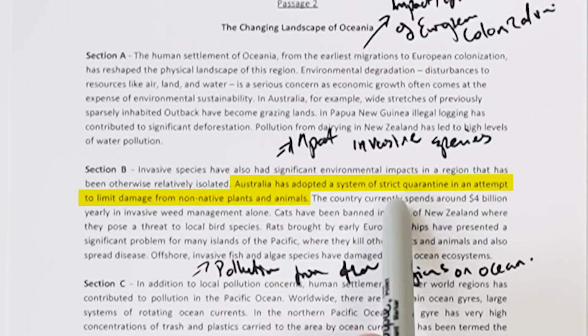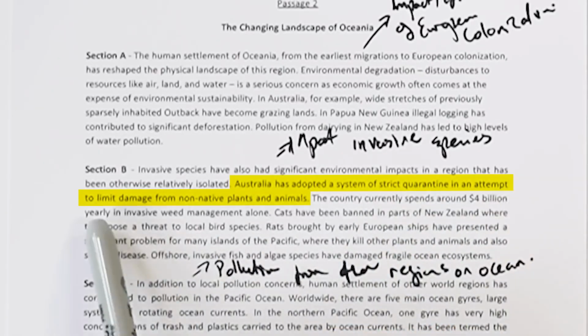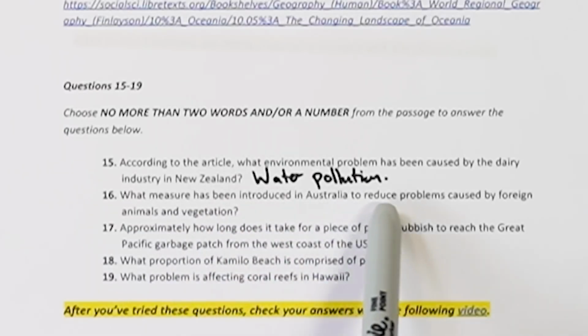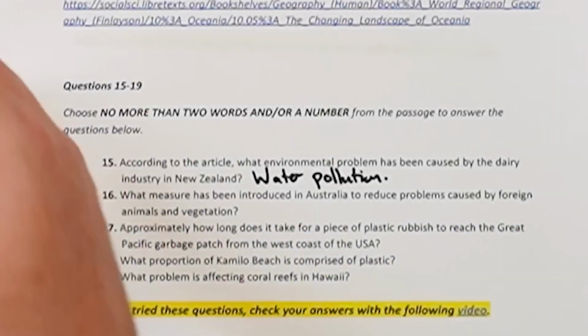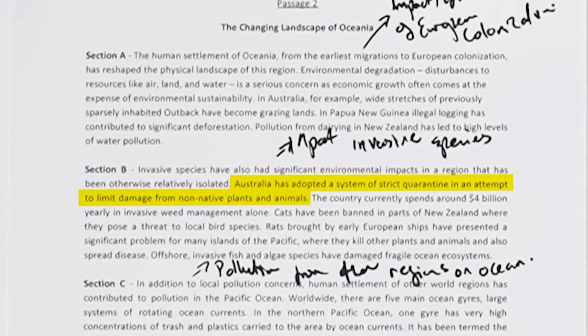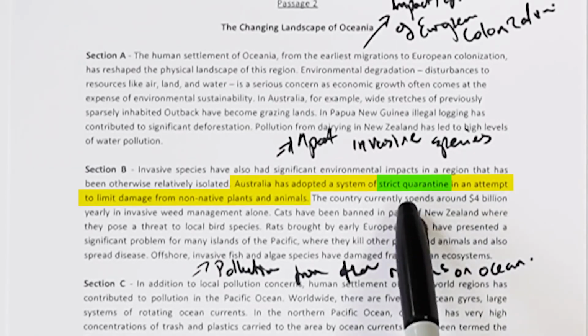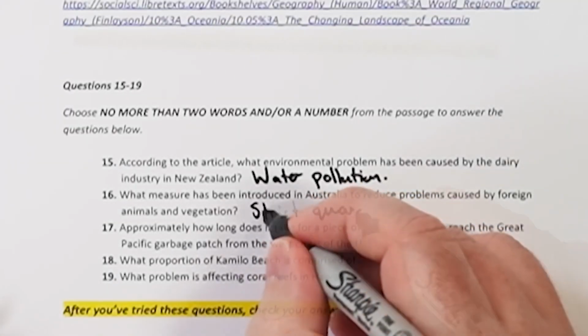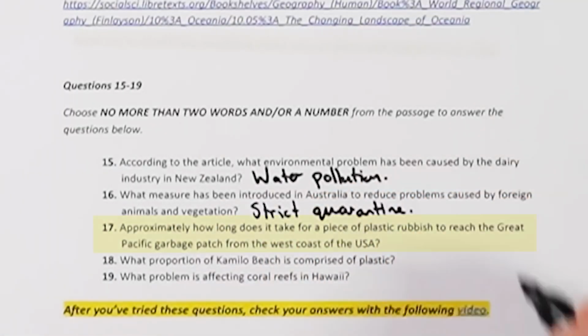Australia has adopted a system of strict quarantine in an attempt to limit damage from non-native plants and animals. What measures have been introduced to reduce problems caused by foreign animals and vegetation? Vegetation, plants. So again, you need to have a wide-ranging vocabulary. But strict quarantine. So we're going to put strict quarantine.